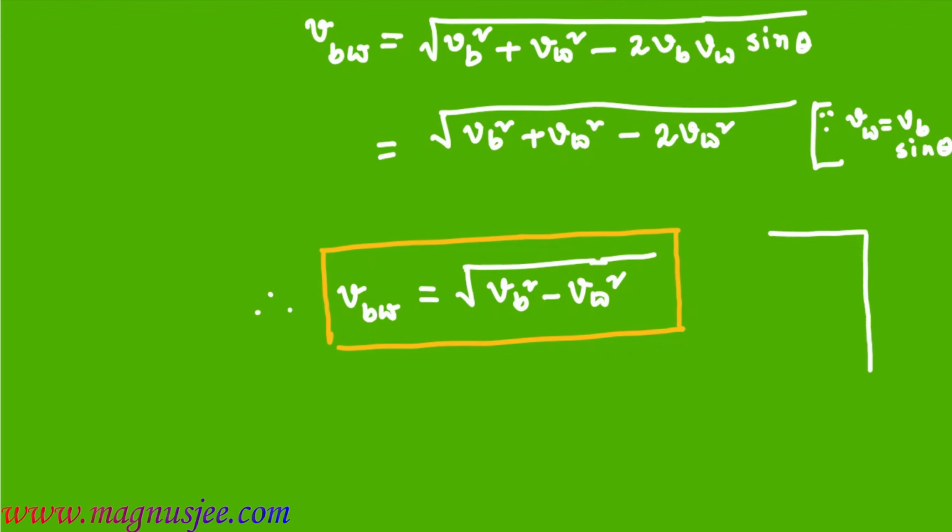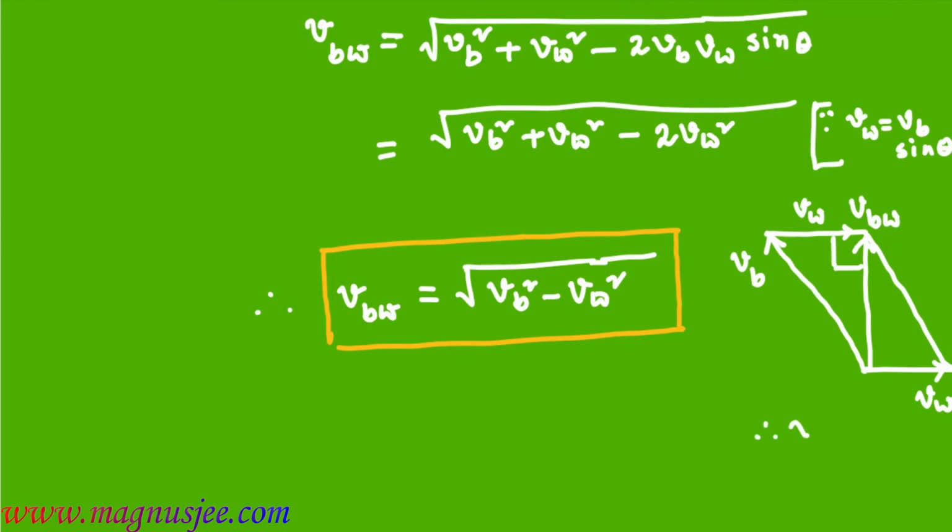And alternatively, we can prove using the property of triangle. This is a right angle triangle, and we can draw another right angle triangle, and this is vector VBW. This perpendicular is VBW, resultant velocity of boat with respect to water. And along this direction, this is VB and VW. So another side of this triangle is VW, and this angle is 90 degree, or VBW is perpendicular to VW.